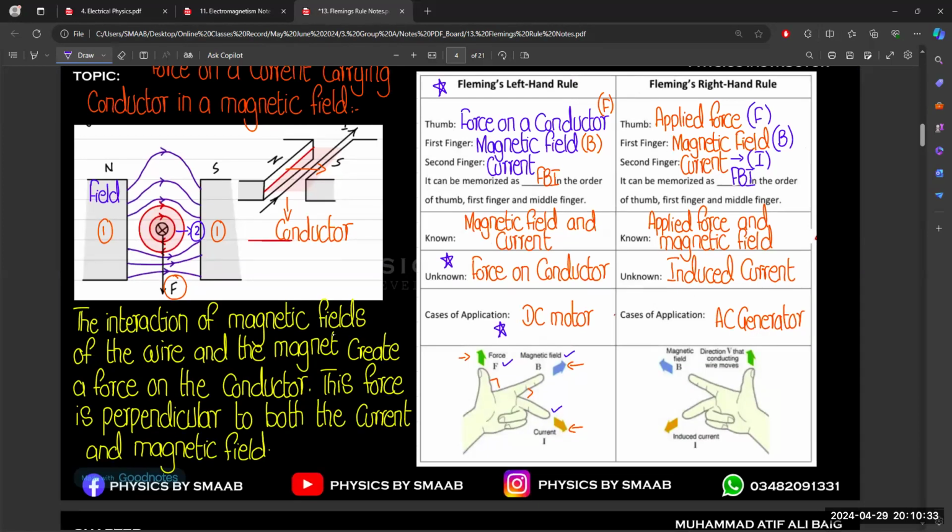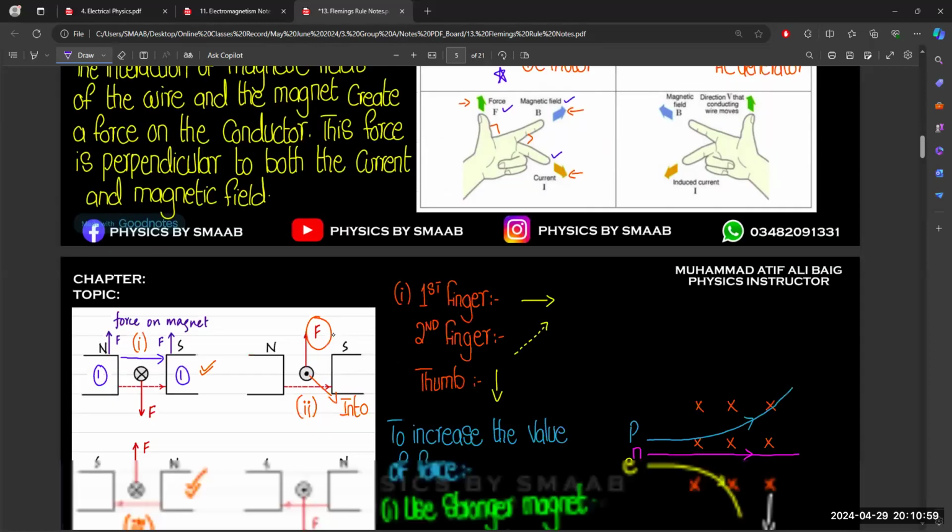And let's suppose the value of electric current is not given and they are asking to find the direction of induced current or the value or direction of induced EMF. That is related to the right-hand rule. Okay. So today we are not going to discuss the right-hand rule. We will practice the right hand rule questions after completing the questions from left hand rule and electromagnetism.